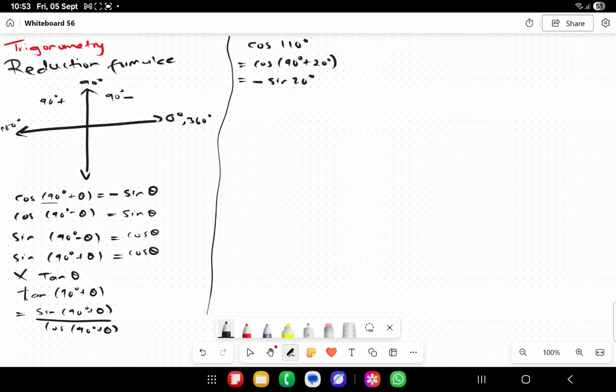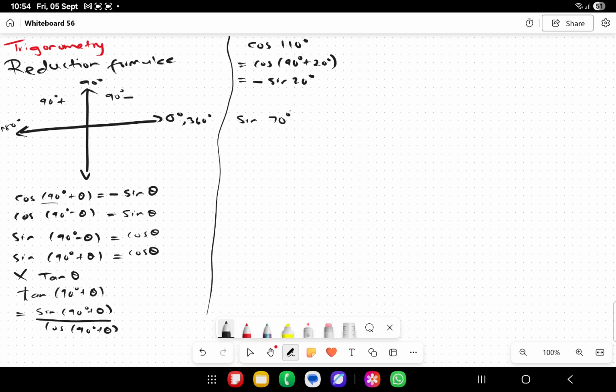Another example, let's say you have the sine of 70. Sometimes, when you have an acute angle, you only change it sometimes.